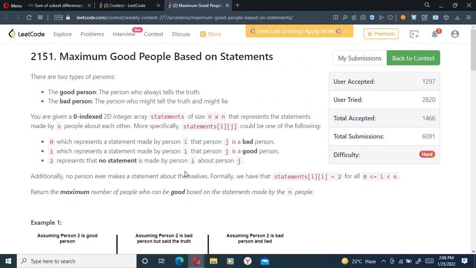The question statement isn't clear to me right now. We are given a zero indexed 2D array statements of size n cross n that represents a statement made by n people.